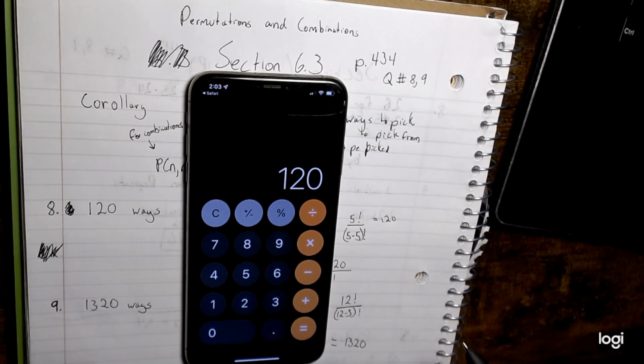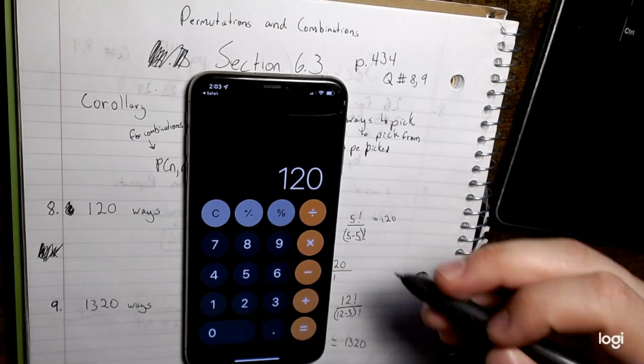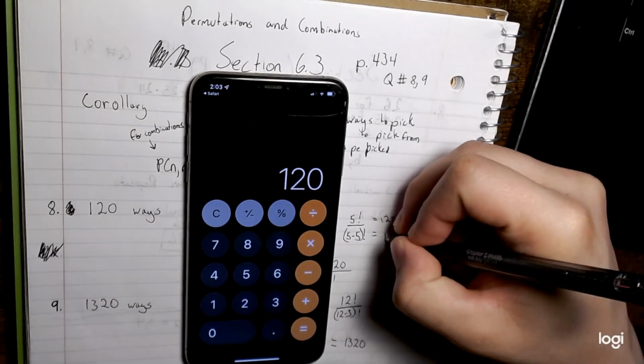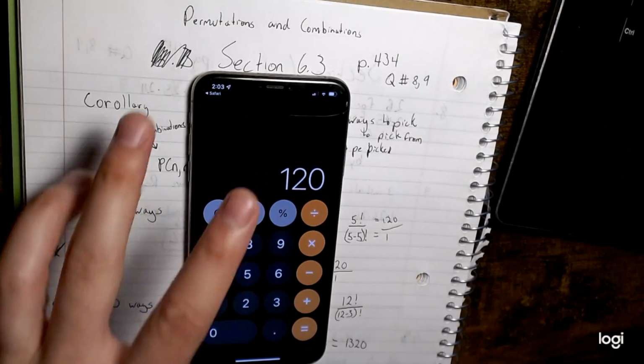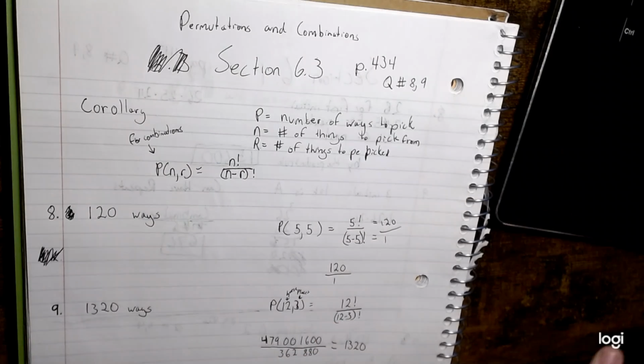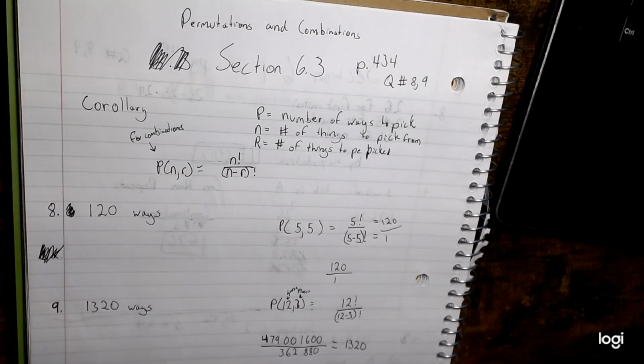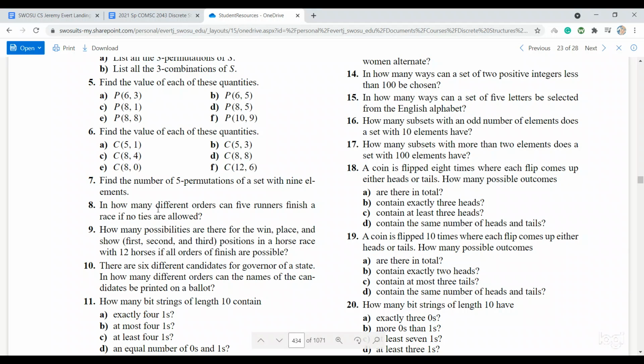And now we have to do 5 minus 5, which is equal to 0, and 0 factorial is equal to 1. So 120 divided by 1 gives us 120. So there are 120 ways to order the 5 runners to finish the race, where no ties are allowed.